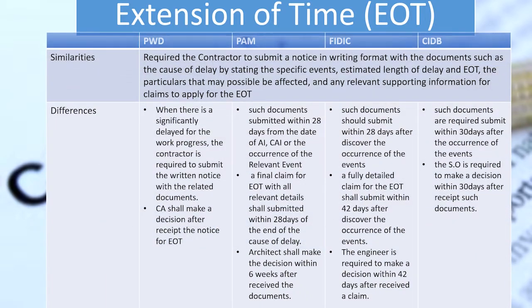The second issue in these comparative studies is extension of time, EOT. For similarities, the contractor is required to submit a notice in writing with documents such as the cause of delay by stating the specific events, estimated length of delay and EOT, the particulars that may possibly be affected, and any relevant supporting information to apply for the EOT.